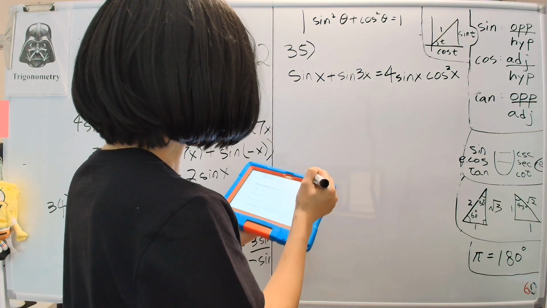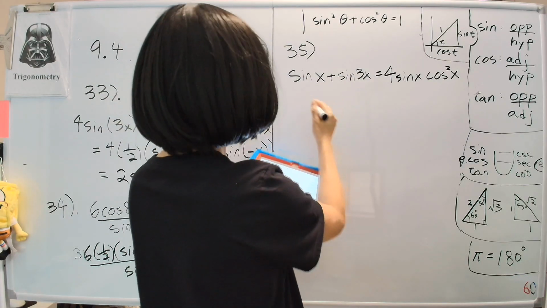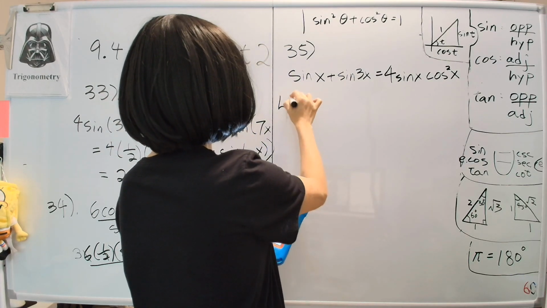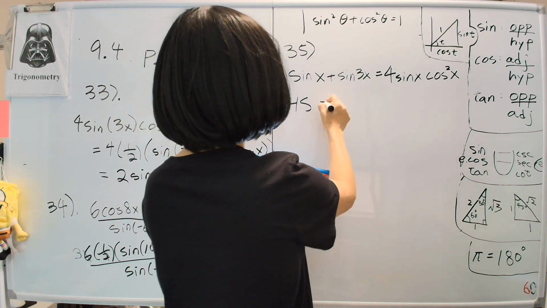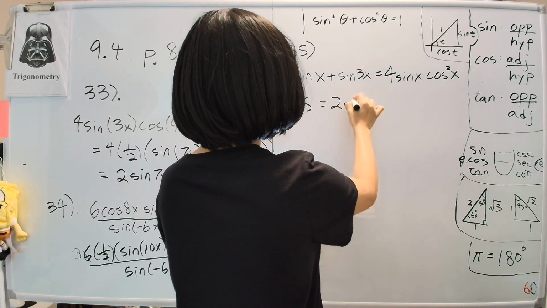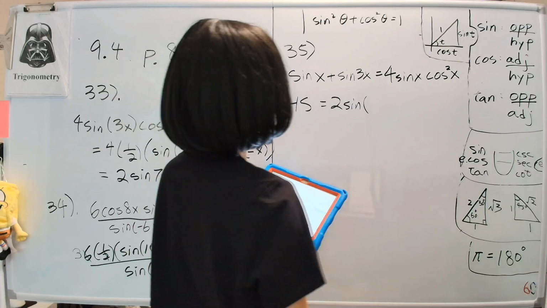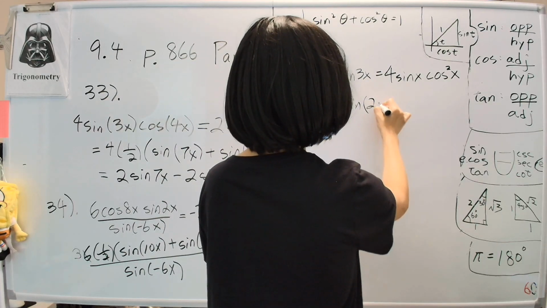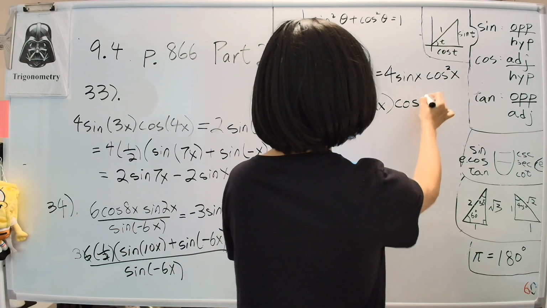So then sine alpha plus sine beta, and by the formula, the left hand side is equal to 2 times sine of (alpha plus beta) over 2. So x plus 3x over 2, that should give us 2x, times cosine of (alpha minus beta) over 2.